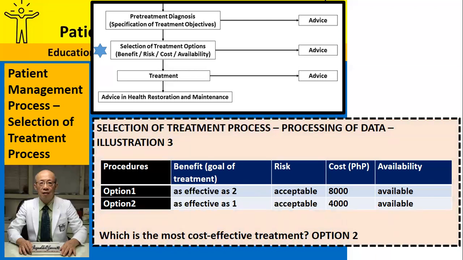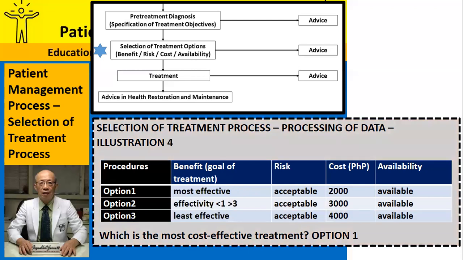Another illustration. Option 1 and option 2 are equally effective, have acceptable risk. But option 1 costs 8,000 pesos, and option 2, 4,000. Both are available. So which one is the most cost-effective treatment? Option 2.